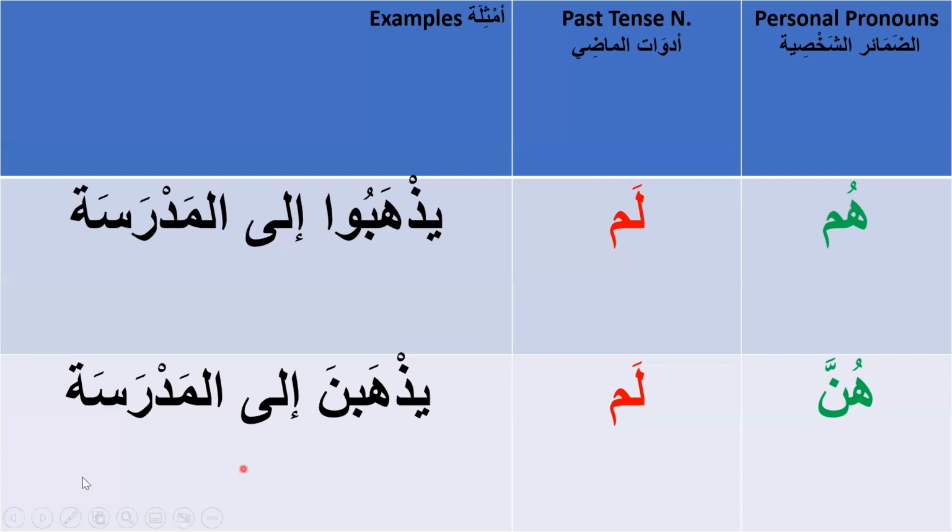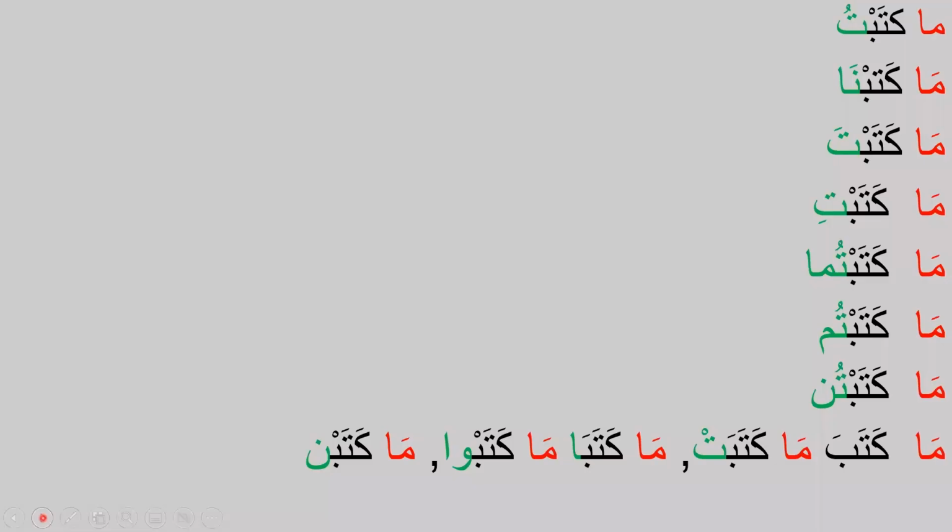So I have ma. Ma also negates past tense, but when you use ma, the verb is not in the present form. The verb stays in the past tense. So ana, say ma katabtu, I did not write.